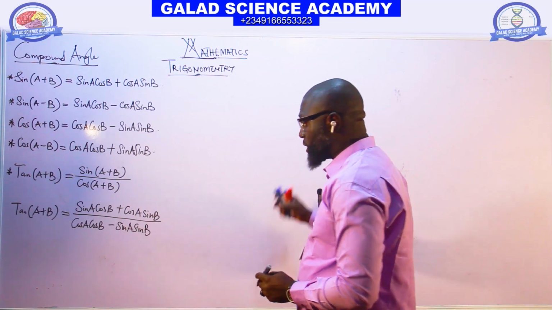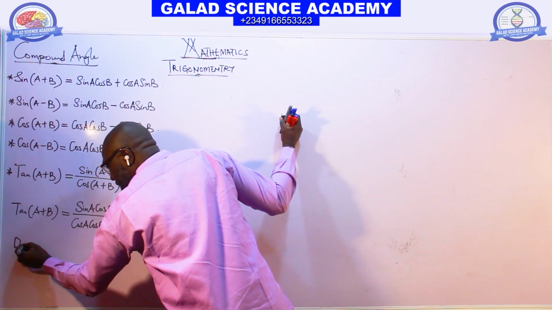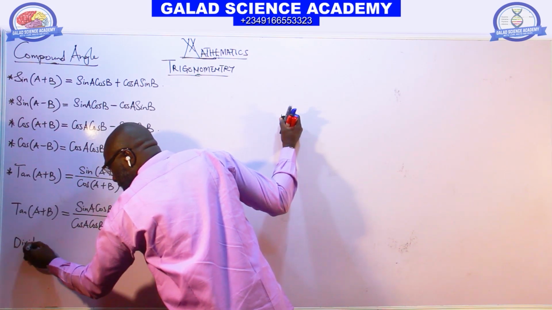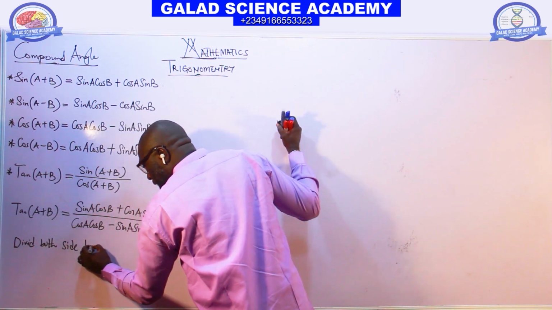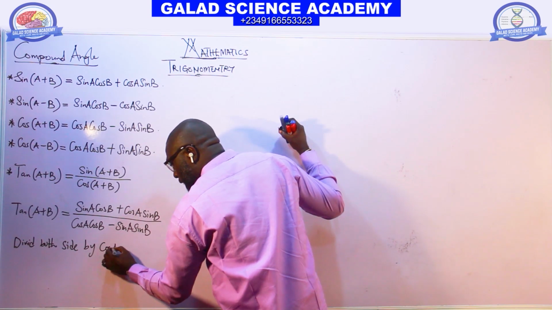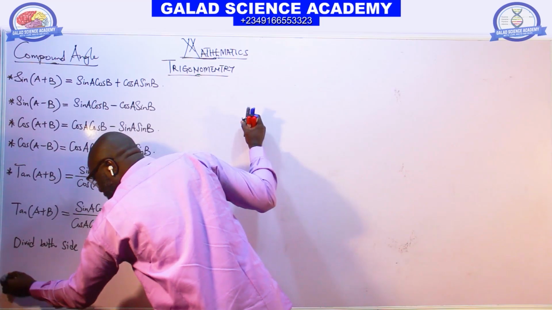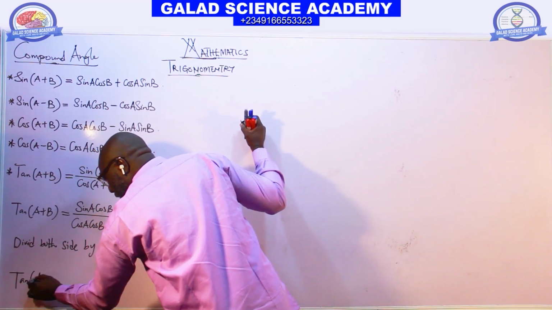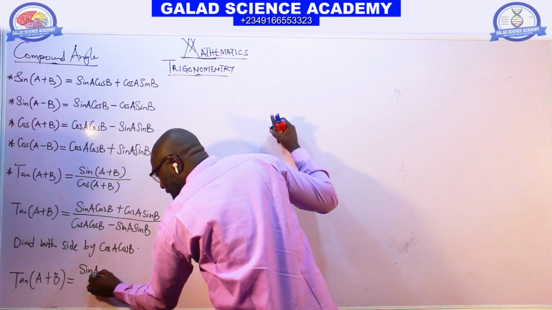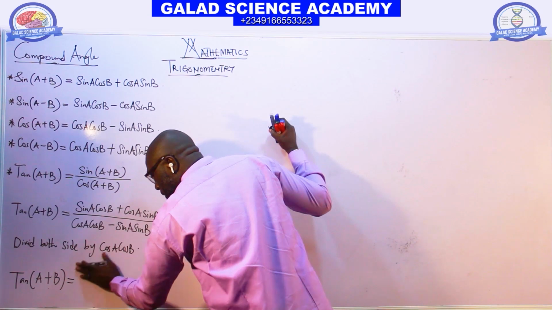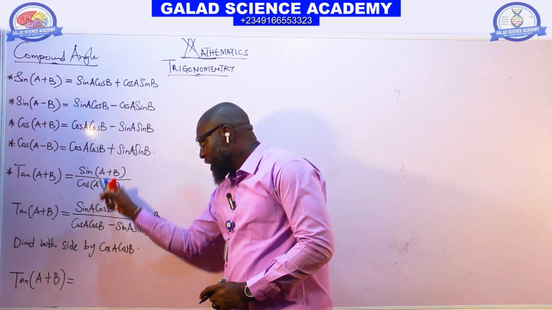And the next thing will be to divide both the numerator and the denominator by cos A cos B. Divide everything.